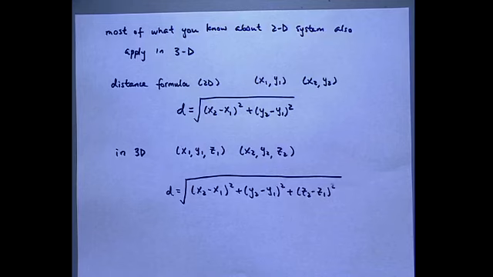Another example of things that you already know that apply directly in a three-dimensional world is when you have a circle with a center at h, comma, k, and a radius of r.